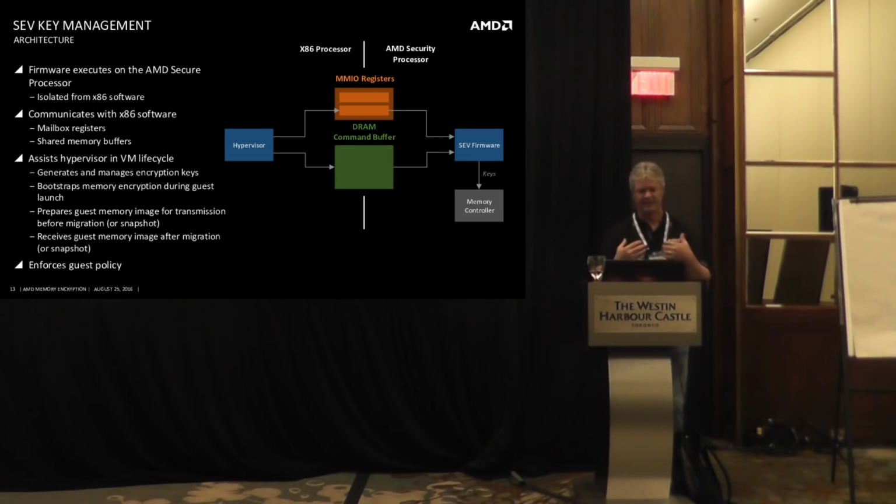And the other thing that the secure processor does is we have guest policy associated with each VM, right? So the guest policy has things like whether or not to allow debug access, right? So if you're trying to see what's going on in your guest because it's not booting all the way, you want to be able to maybe do some debugging before making everything final.